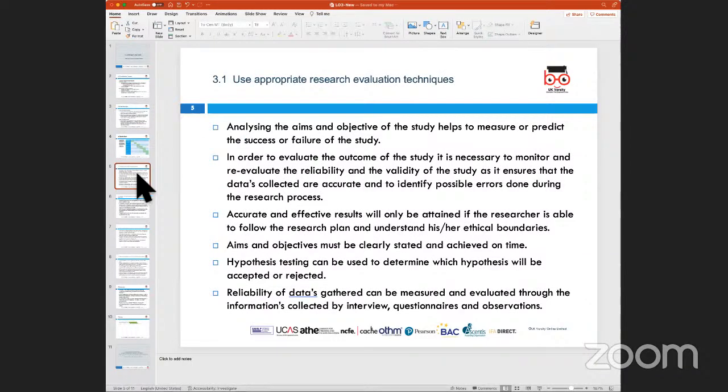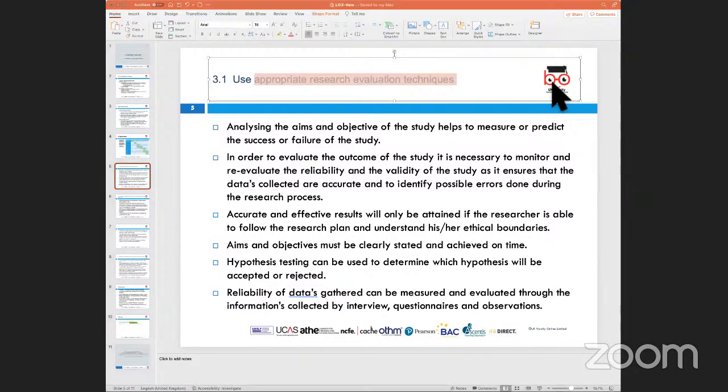Now, let's look at one or two other things with regards to understanding the assessment criteria that we are covering. The first one talks about using appropriate research evaluation techniques. So what are appropriate research evaluation techniques?